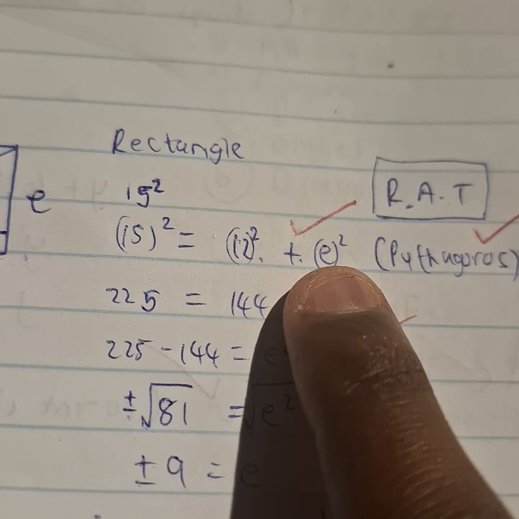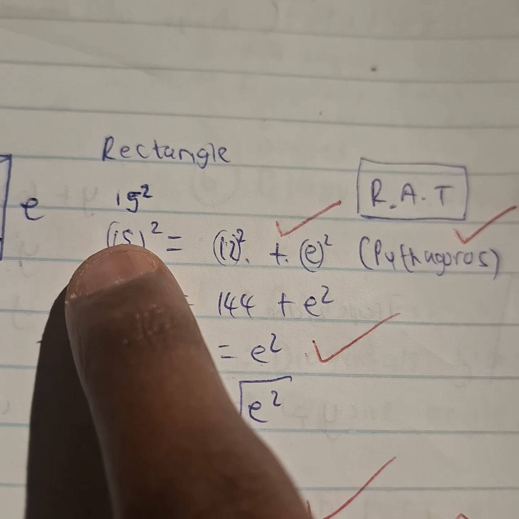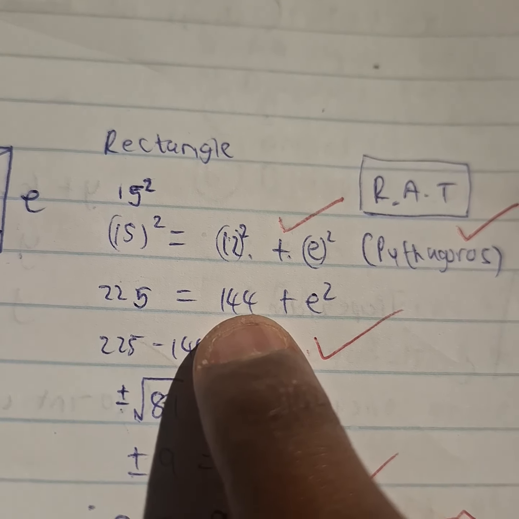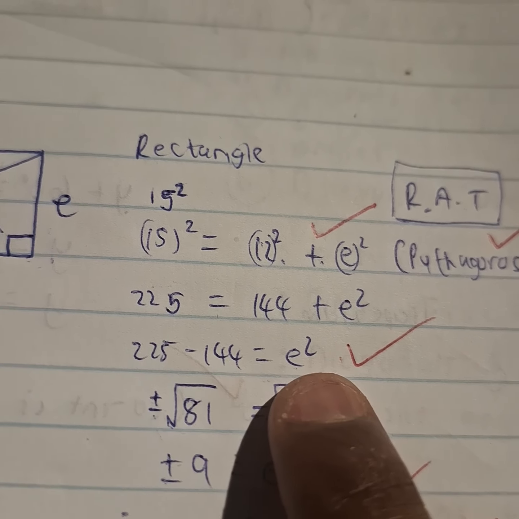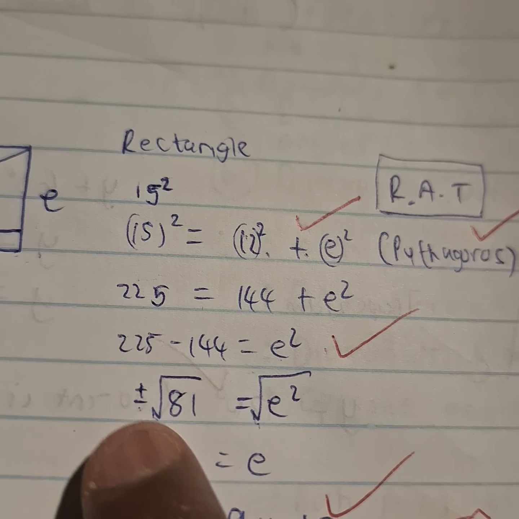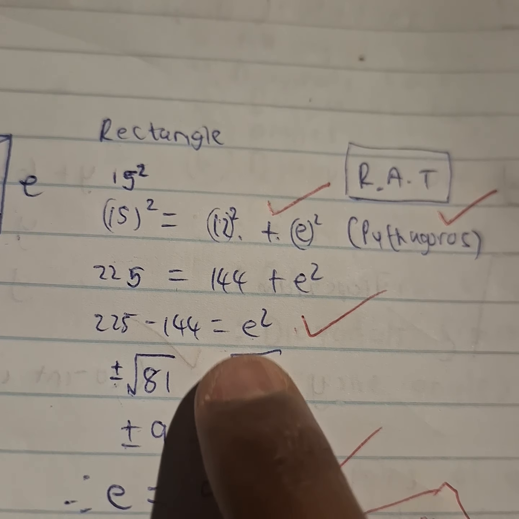We then want to isolate the E squared after that and solve for E. So 15 squared, 225, 12 squared, 144. We transpose the 144, it's 225 minus 144, which is equal to E squared. We subtract, we get 81. We take the square root on both sides because E squared has a square.